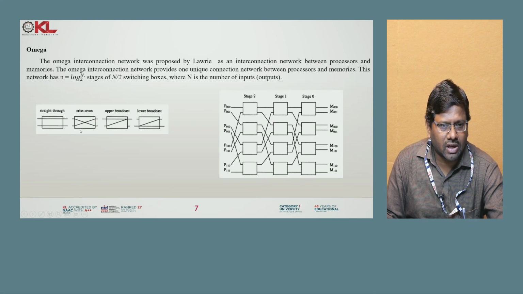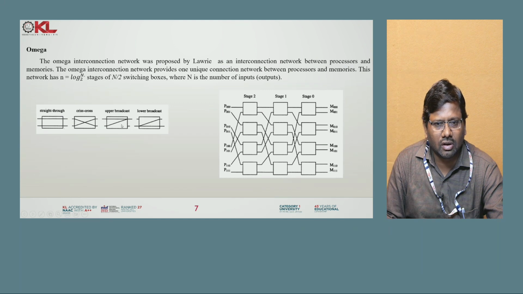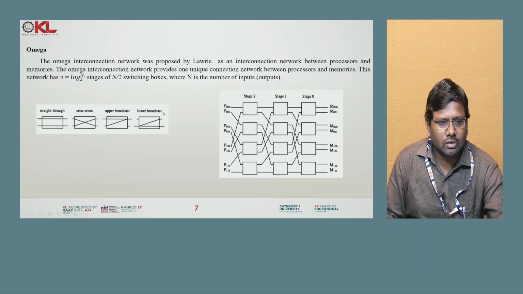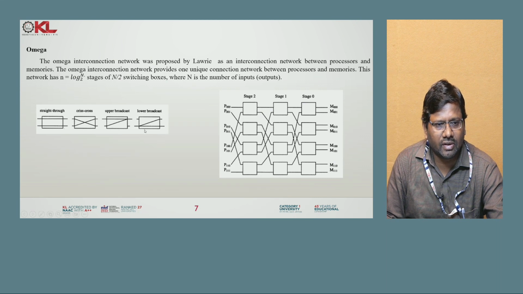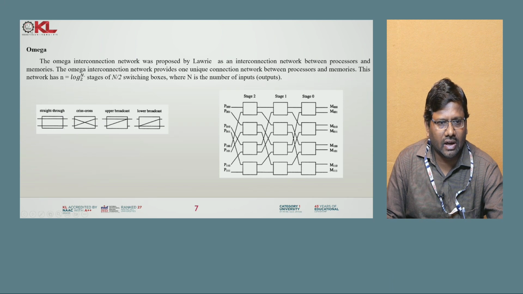This is a crisscross connection, this is an upper broadcast connection, this is a lower broadcast connection. Each kind of connection has its own importance. With the upper broadcast, data is sent; with the lower broadcast, data is received; crisscross is both receiving and sending data through the processor. So this is a simple representation of an omega interconnection.